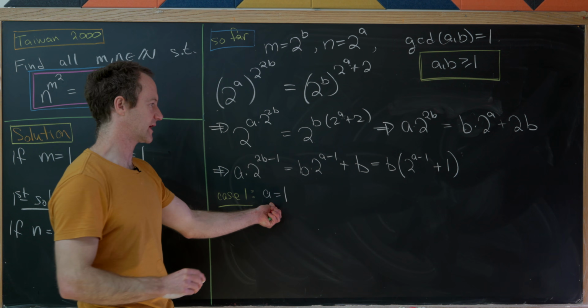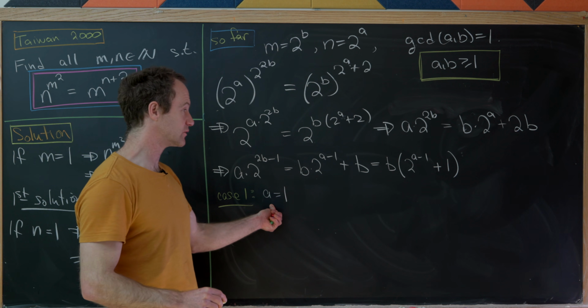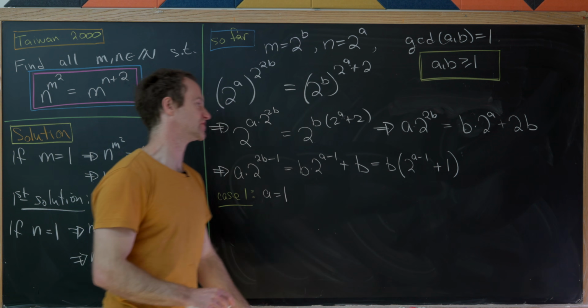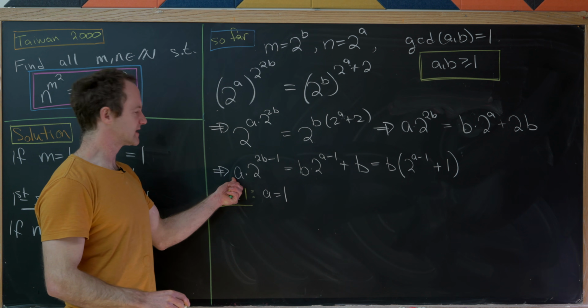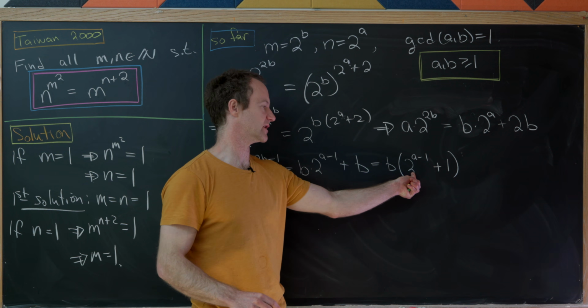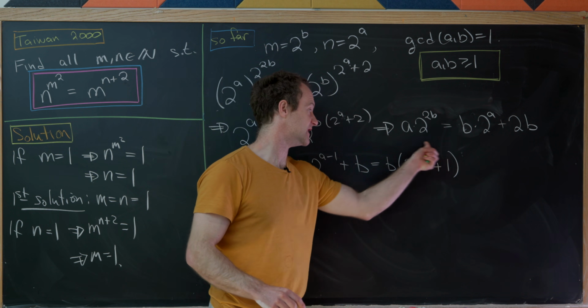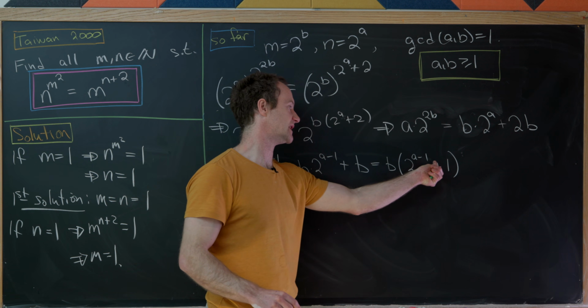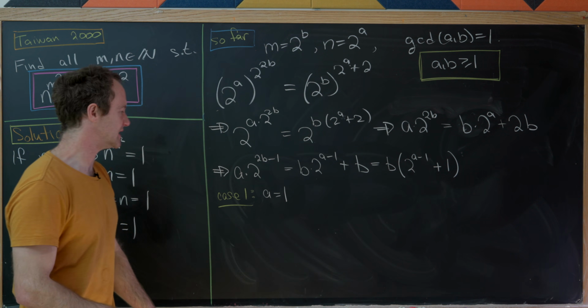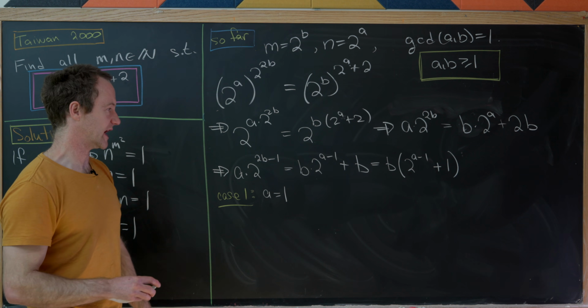And that's an important case because if a is equal to 1, then this object right here is equal to 2. So notice the left-hand side here is even, which means something over here is even. If a is bigger than 1, this term, 2 to the a minus 1 plus 1, is odd, which means b must be even. So we're looking at the other case for that.